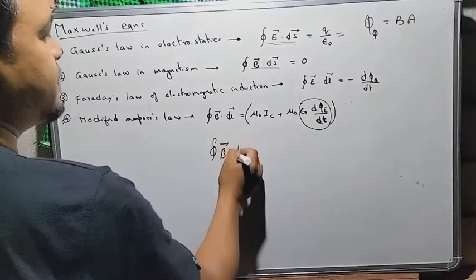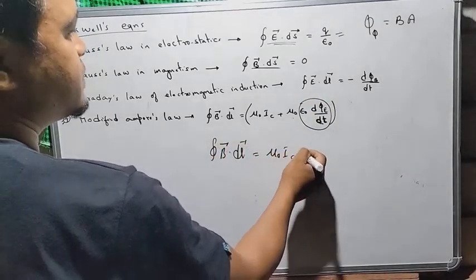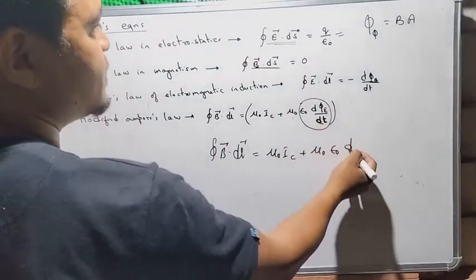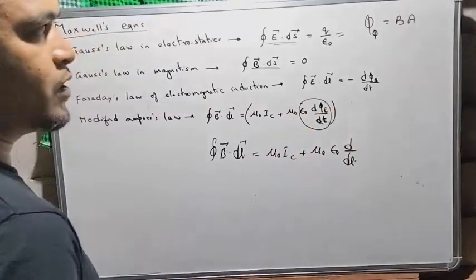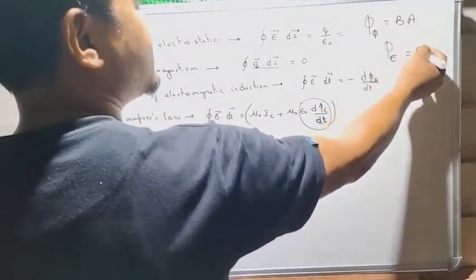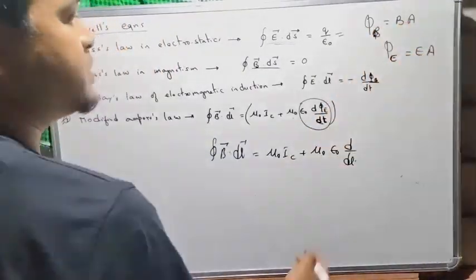Similarly, this equation can be further written like this. Phi E means the electric flux. For electric flux, I'll write it as EA. Magnetic flux is BA, so electric flux is EA.